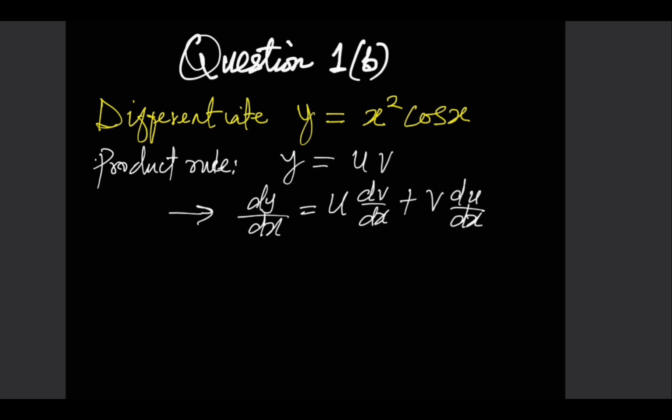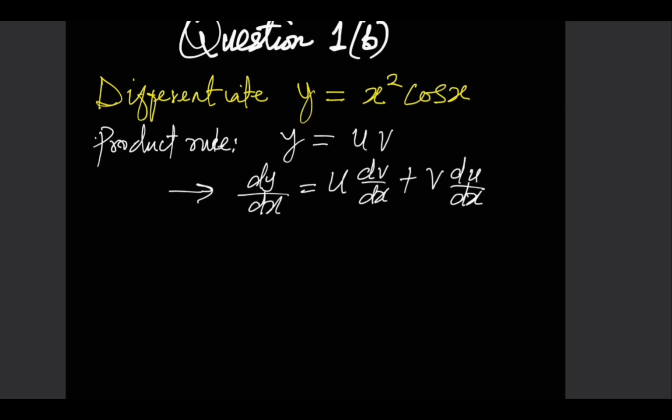So for this question, let u be equal to x squared, and let v be equal to cosine x.